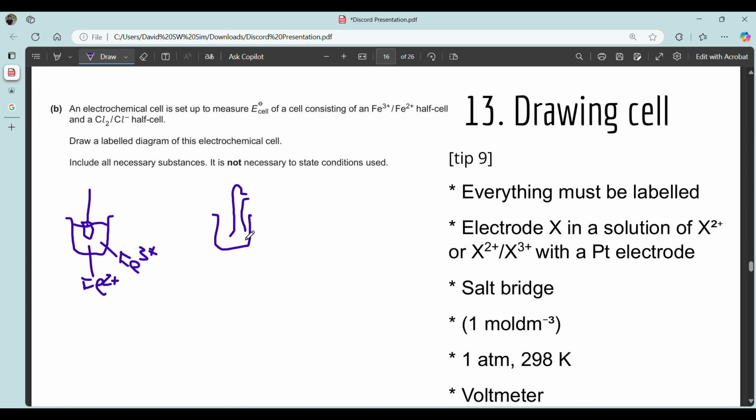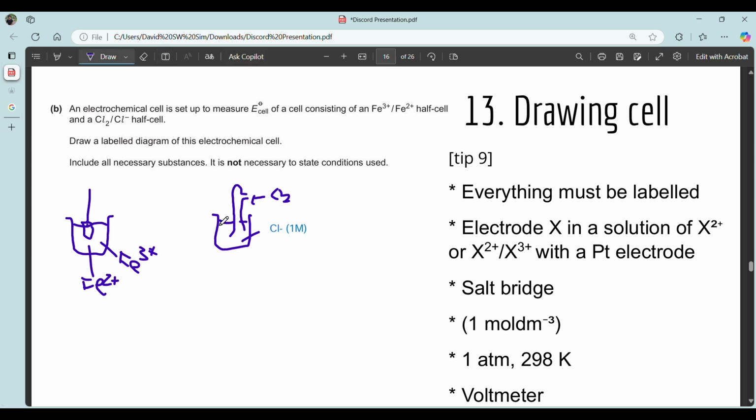But chlorine is a gas, so we actually have to draw a gas supply like this with chlorine gas. We have a chlorine gas supply here and 1 mole per decimeter cube of chloride.